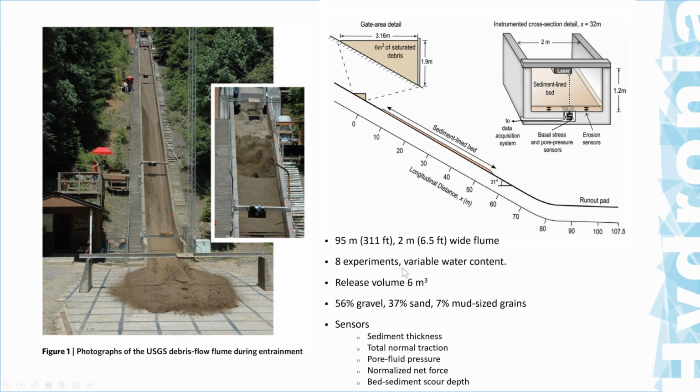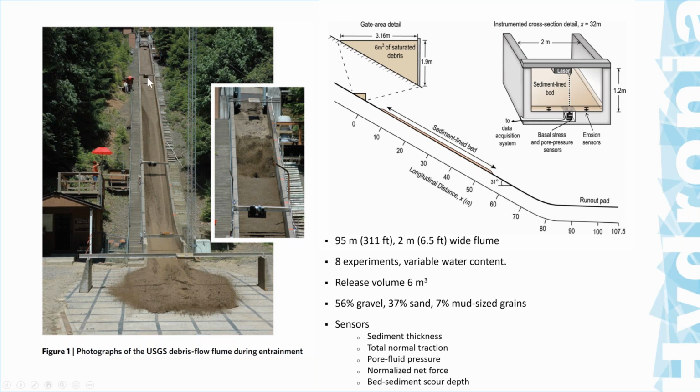Actually, they did 8 different experiments with variable water content of the fluid, both the sediment bed and also the fluid upstream. It's not a uniform size sediment. You see here the grain size composition of the sediment. And there are many sensors at different locations.